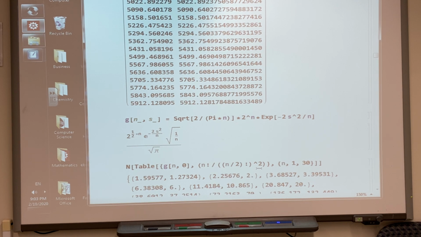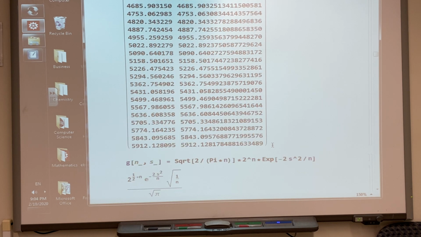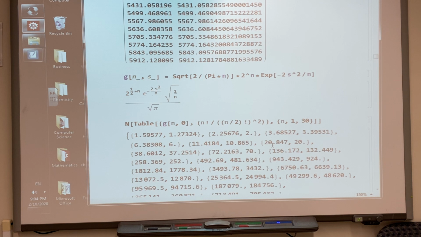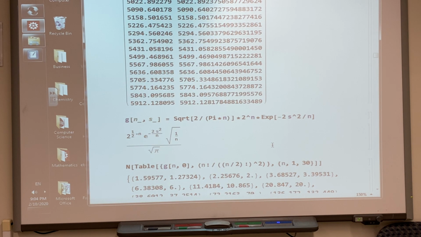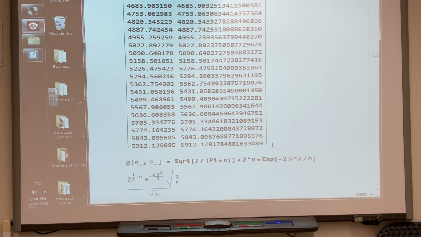I asked it to plot it for n going from, no, this is the g of n0 to see how much it goes. No, that's not interesting.